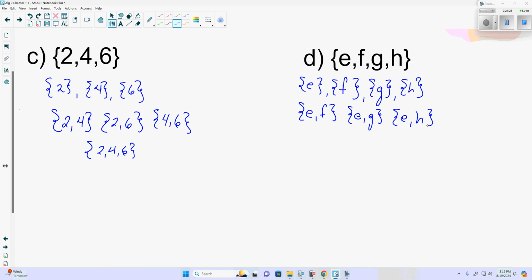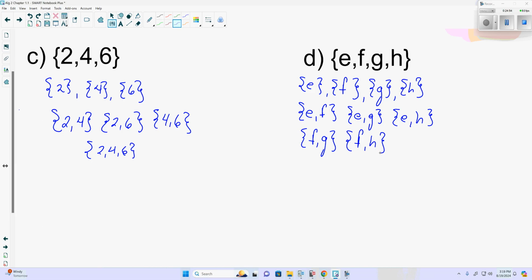So our 2's with E: E, F, E, G, E, H. Any more with E in 2's? I think that covers them all, yes? So our next ones of 2 we could say are F, G, F, H. So F, E and E, F would be the same, so we don't have to relist it.